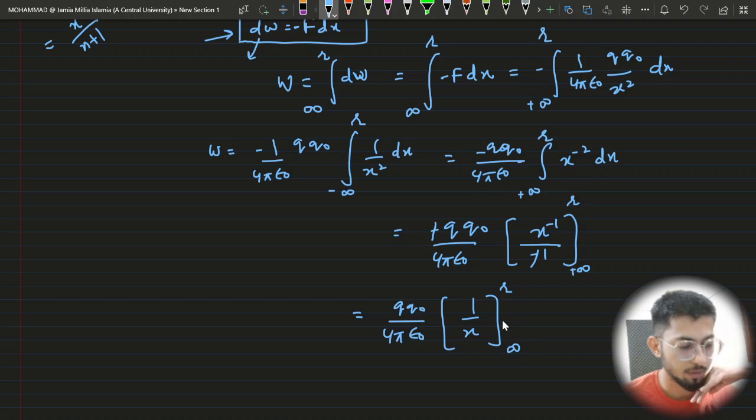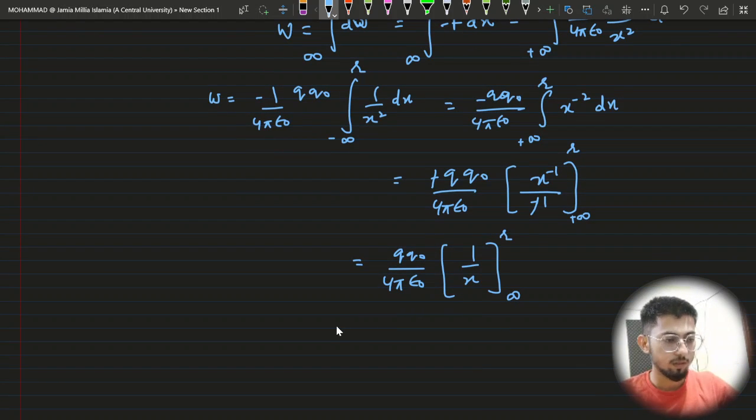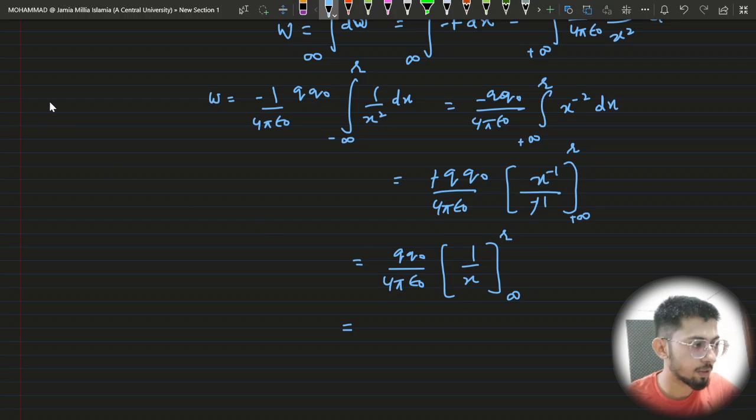Now if you solve this, you need to substitute the limits. And how do you substitute the limits? Suppose we are given x from a to b. What we do is we substitute a in place of x, then we put a minus sign, and then we put b in place of x. That is how we find it.